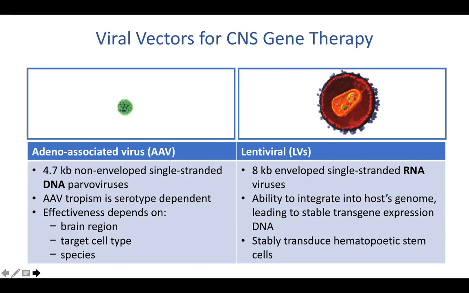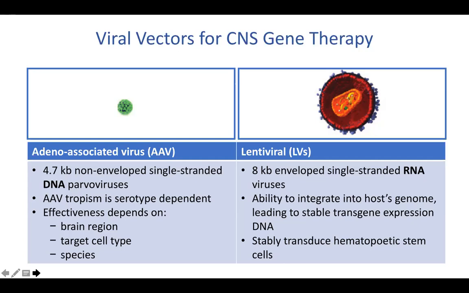The adeno-associated viruses are small DNA viruses that can carry smaller transgenes, and their effectiveness depends on the different type of AAV that's used. We call that serotype, and depending on the serotype, they have a predisposition to go and target different parts of the nervous system, either brain or spinal cord, and different cell types.